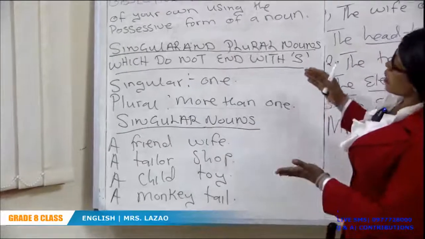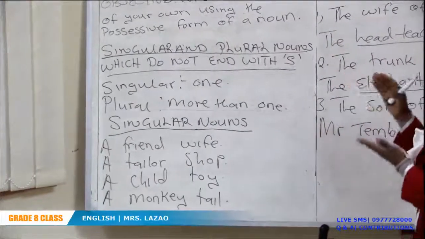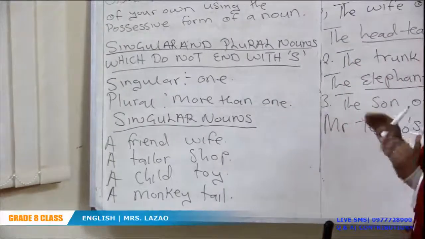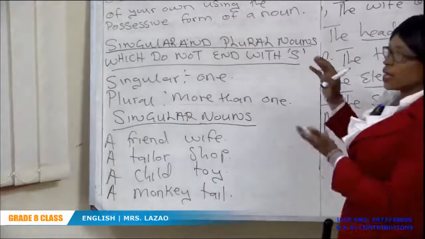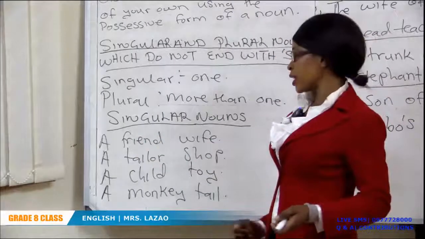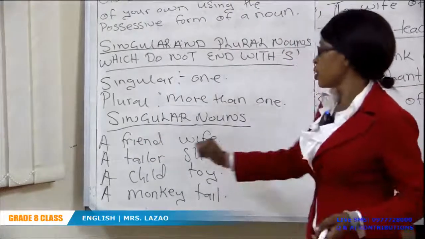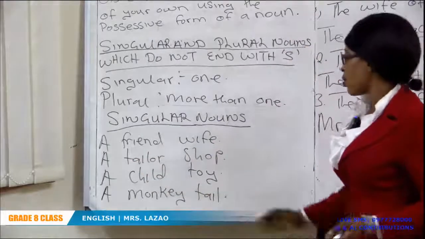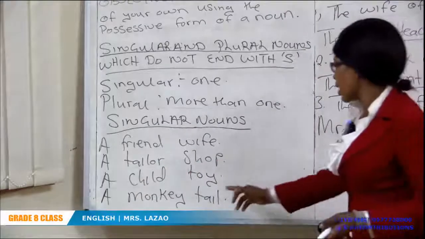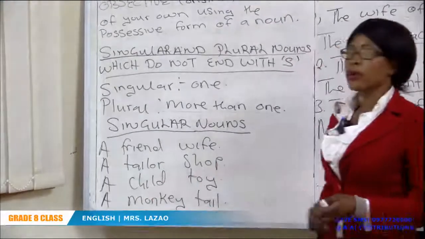So let's look at how do we show possession of singular nouns, to show that this wife belongs to the friend, the shop belongs to the tailor, a toy belongs to the child, or a tail belongs to the monkey.